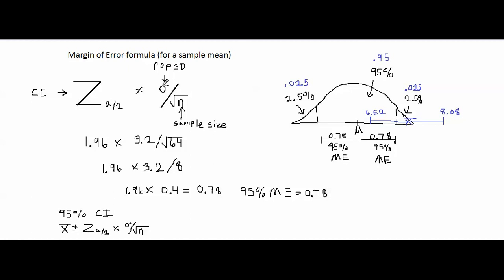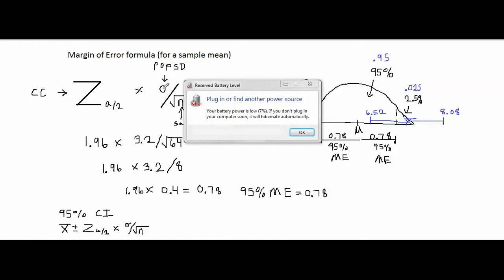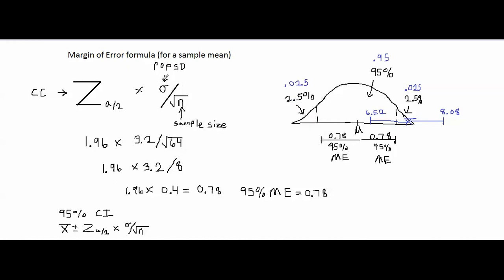But I just want you to be aware that in an actual study, when the population standard deviation is unknown, the researcher just substitutes it with the standard deviation from his or her sample data. And then the margin of error is called an estimated margin of error. It's not the true margin of error, it's just an estimate.